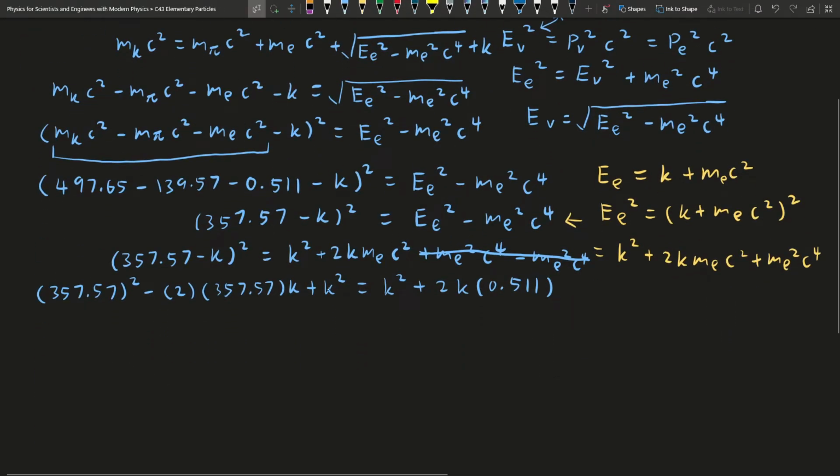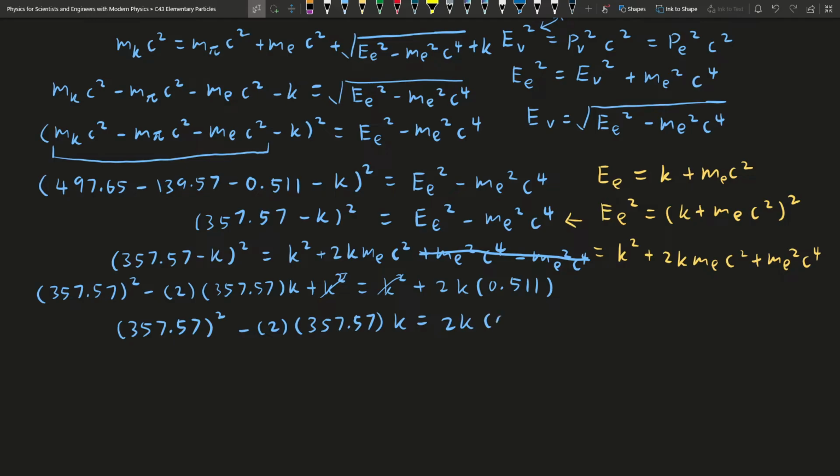From here, these two K² terms cancel out. We have the remaining 357.57 squared minus 2 times 357.57 K equals 2K times 0.511. Now we can just solve this using the calculator.